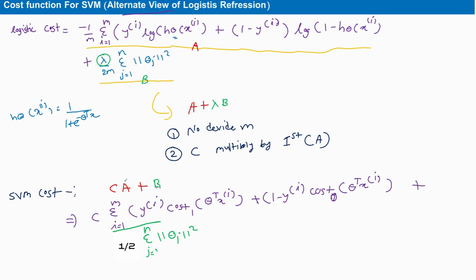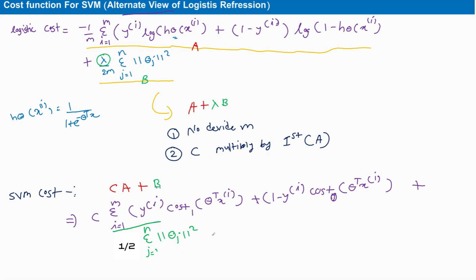And we multiply C with whatever the A term is. Instead of using the gamma parameter with the second term, we use C with the first term. Whatever the remaining B is there, we use as it is, 1 upon m summation of j is equal to 1 to n, L2 norm of theta j. So this is called the cost function for the SVM.